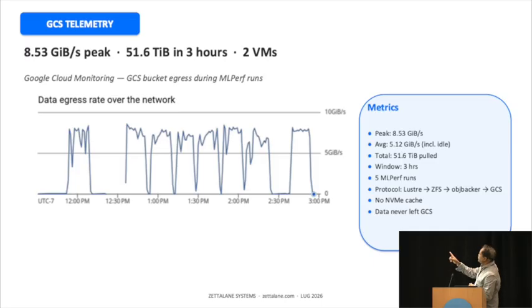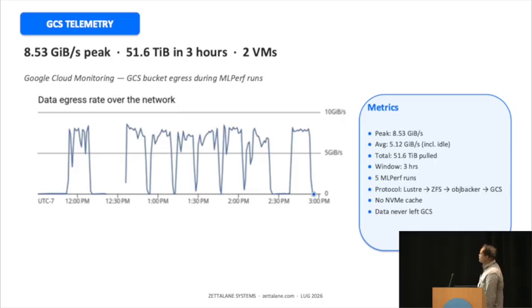You can see that you have to be doing 8 gigabytes per second, and be supporting around that many H100s. Again, no NVMe cache. Everything is coming directly from object storage.